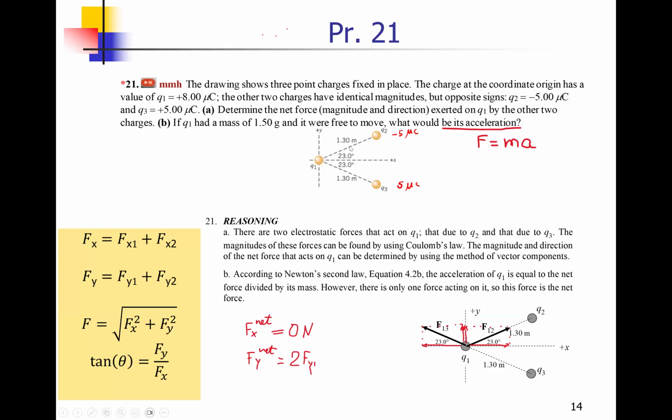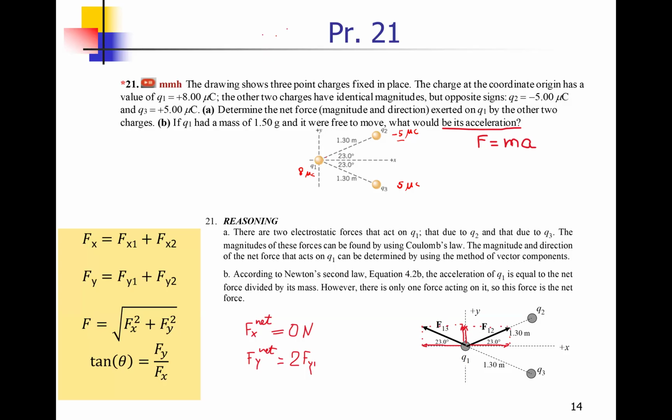What is the force by charge 2 on charge 1? That's why we have this picture here. Because this is -5 and this is 8, these are unlike charges, right? One is positive, one is negative.